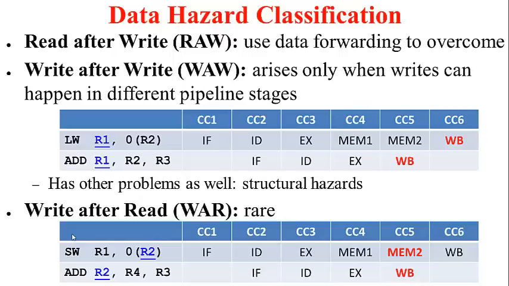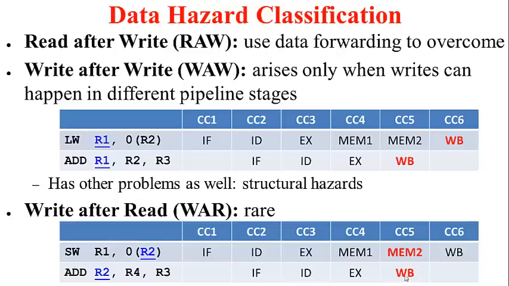However, suppose we had a pipeline where, let us say, the store word instruction read the value of R2 just before its MEM stage. And in this example, we also imagine a scenario where the memory access is broken up into 2 different stages, so that the store word instruction takes 6 cycles, whereas the add instruction takes until clock cycle number 5.